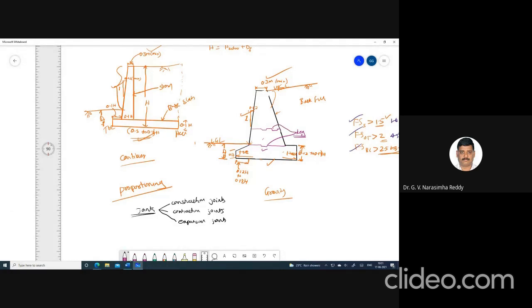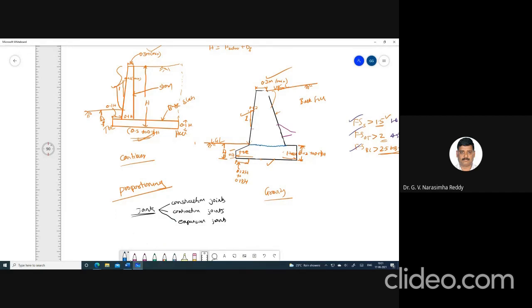And instead of providing keys, you can also provide a rough surface. Let us say you are constructing this today. Here you will make it smooth, and here, at this construction area, you will make it rough, something like this.